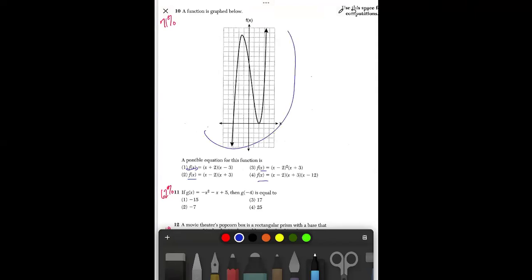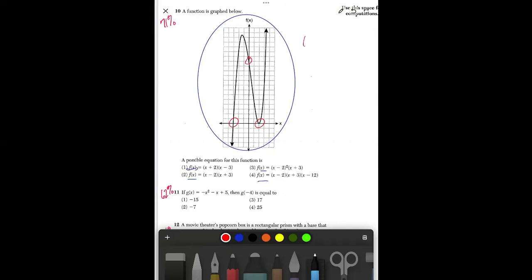They've given us a graph, and we're trying to see which one of these functions created a graph that looks like that. So all you should do is graph it, and then pay attention to the zeros. Also pay attention to the y-intercept, because those things should match. So it looks like we have a y-intercept of 1, 2, 3, 4, 5, 6, 7, 8, 9, 10, 11, 12, 13.